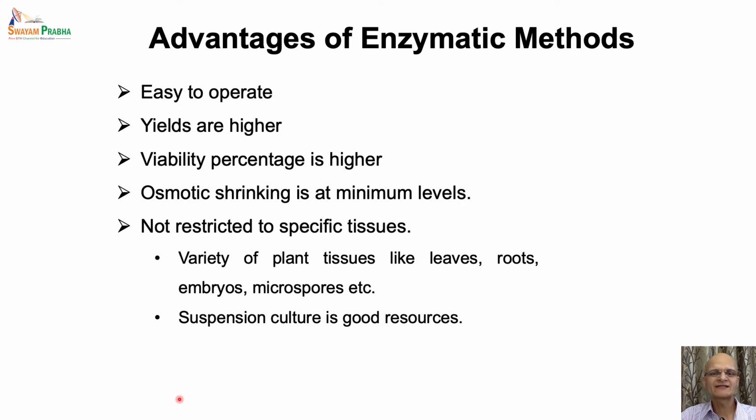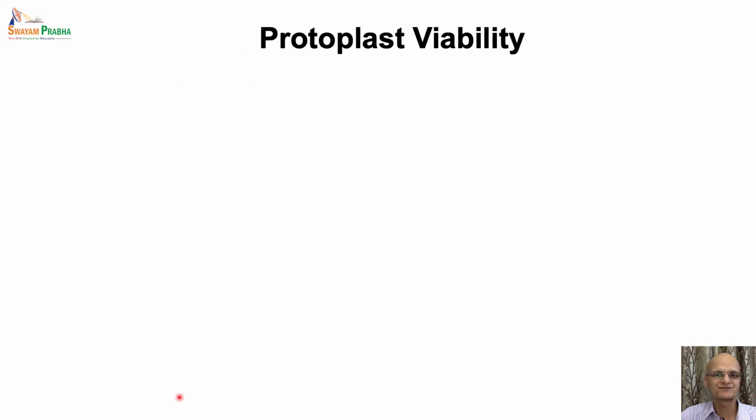Theoretically, protoplasts can be prepared from any of the plant tissues using enzymatic methods and this is not restricted to vacuolated cells. However, leaf mesophyll cells and cells from suspension cultures are good sources for the preparation of healthy and viable protoplasts.